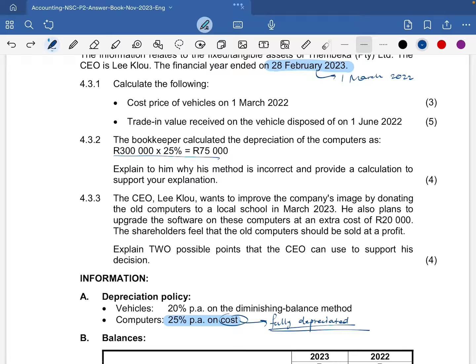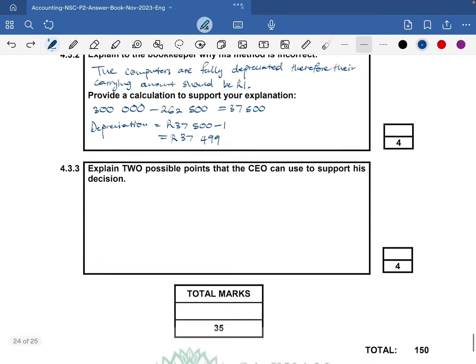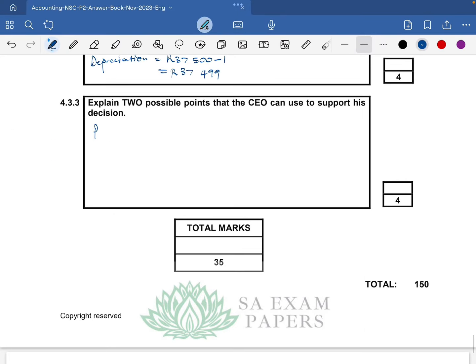So whenever you are donating something to people, whether it's in monetary value, or if not, the monetary value of that certain asset will be determined, and then SARS will give you a deduction on your donations. Basically a deduction on tax, so you might be paying less tax depending on whether such a donation qualifies for deduction.